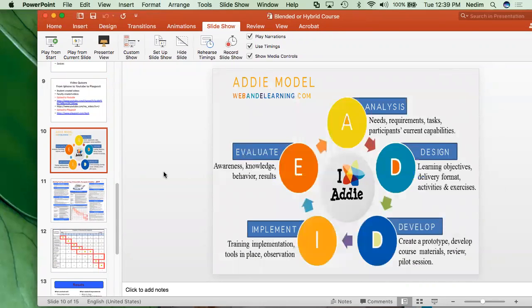How many of you are familiar with the ADDIE model? Okay, good. When I was working on my doctorate, which is in health education, they used the ADDIE model. Here we've run the course, and now we're looking at how the course went.